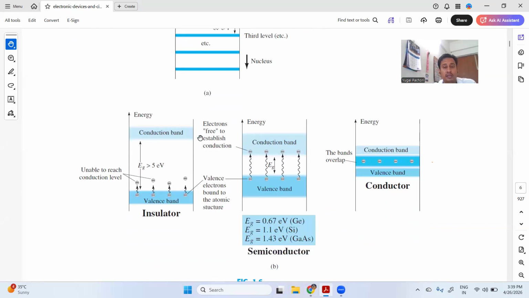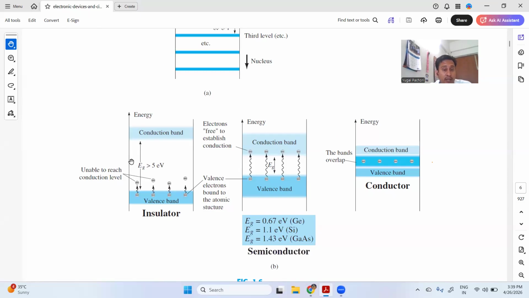And you can easily see in this diagram that the lower band is known as the valence band and the upper band is known as the conduction band. Conduction happens when the electron jumps from the valence band to the conduction band. And as you can see, this is the case of the insulator. But what happens in the insulator?